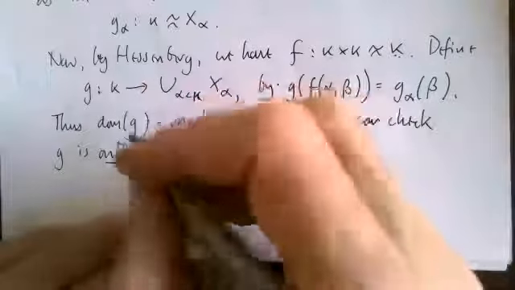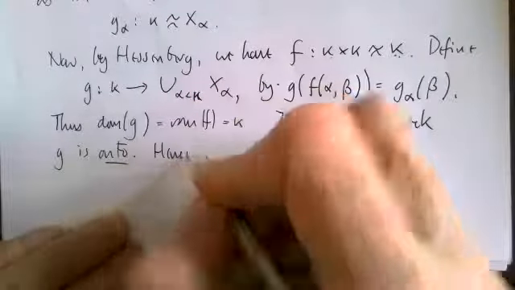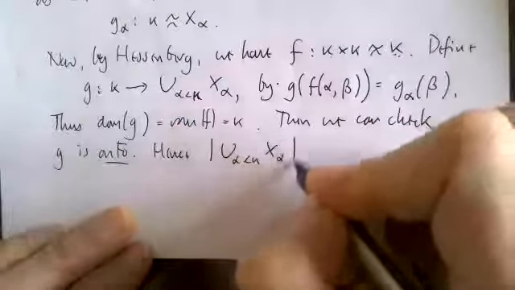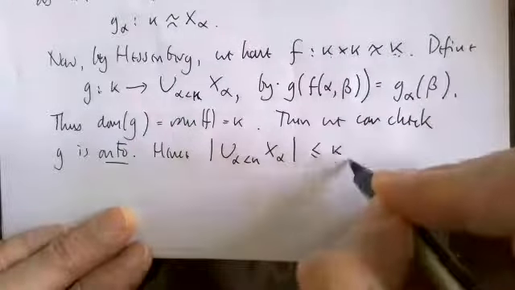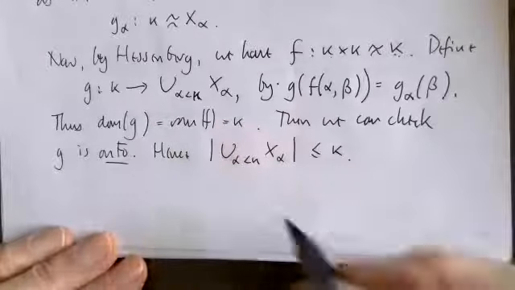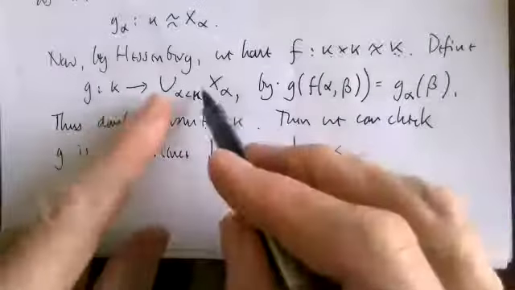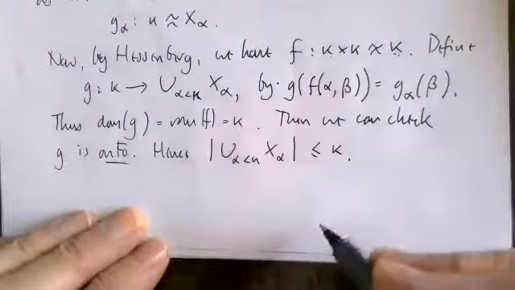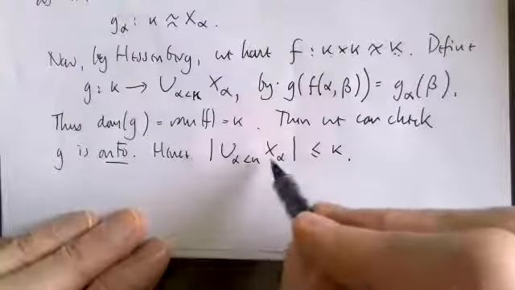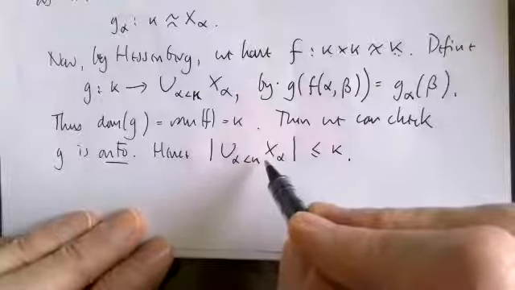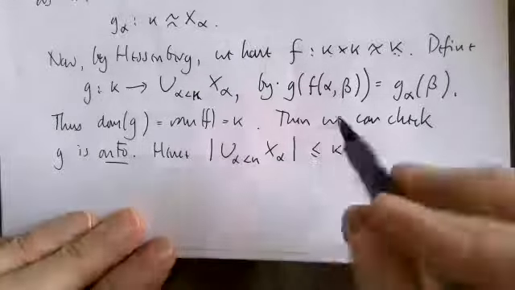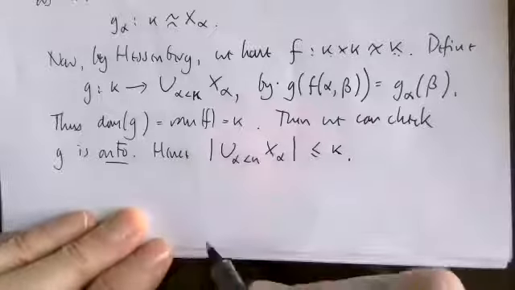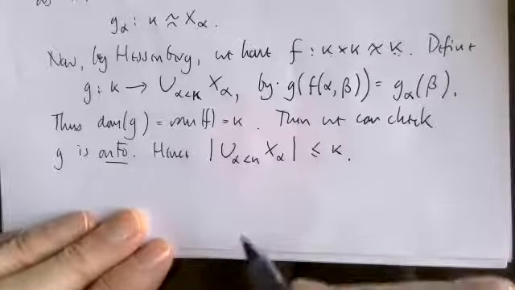Because it's onto, the cardinality of the union is less than or equal to kappa. But on the other hand, each of these has got size kappa. So there's certainly a one-to-one function from kappa into any one of these X alphas, and so into the union.